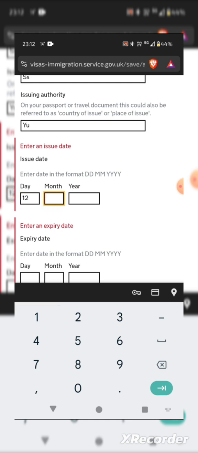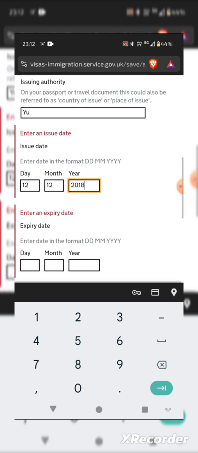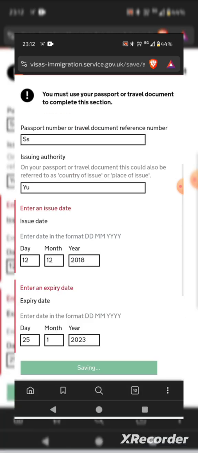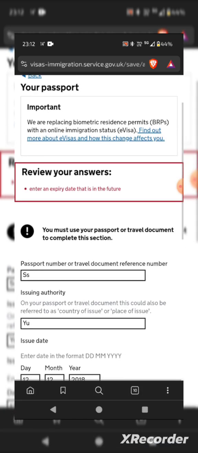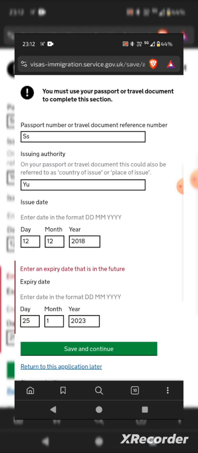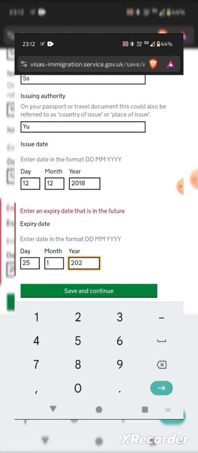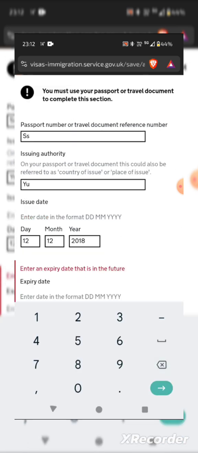Let's just say 2018 expiry date. Let's just save that. Expiry date is in the future. Sorry, I made a mistake here. Let me just say 2028.